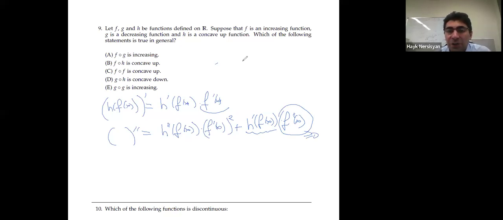Decreasing function, but concave up, something like this. It could be a case when the composition function is not concave up. We can try to construct such an example, maybe, but it's not so trivial.